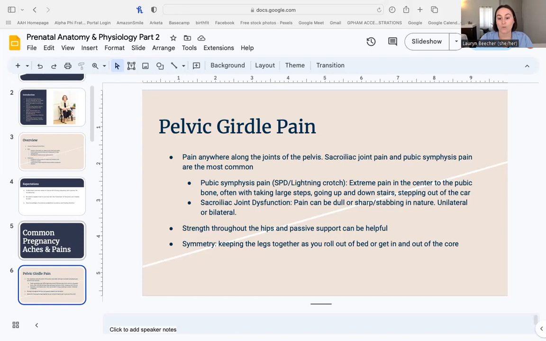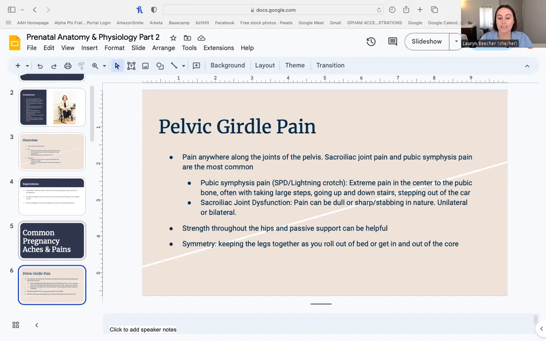Things like a warrior one, a warrior two, where they're in a little bit of a lunge position, can be very similar to taking a big step, going up and down the stairs, where you're in that little bit of an asymmetrical stance and you're getting that pain in the front. So a more active practice where they're stepping forward, stepping to the side might not work particularly well for them.